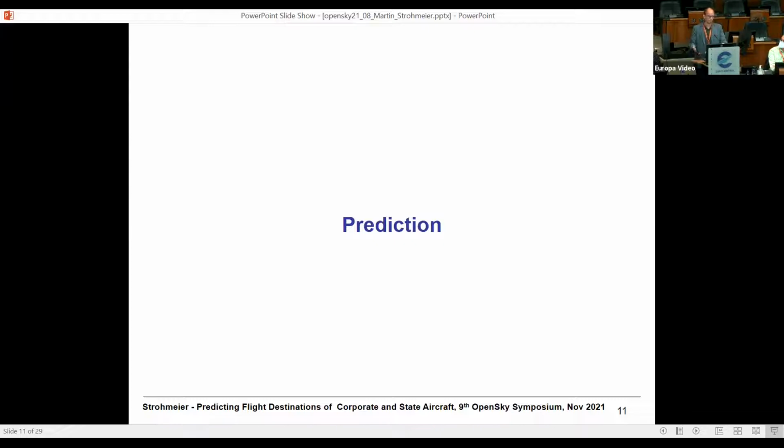But there's very little actually trying to predict where an aircraft goes, probably because at least for a lot of the relevant stakeholders, they would have access maybe to flight plans and they would know where it goes. But that's not necessarily the case for a lot of the aircraft we're looking at here. And for a lot of the actors who are interested in this data, they may also not have it. The only thing they have is the live or historical ADS-B data.